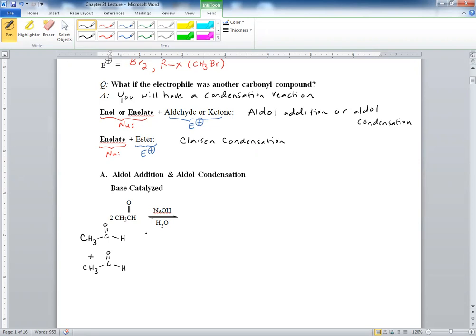So this is what you have. You have 2 moles of an aldehyde, acetaldehyde. And what's going to happen is that when you have base catalyzed, sodium hydroxide is your base, you will have this outcome.